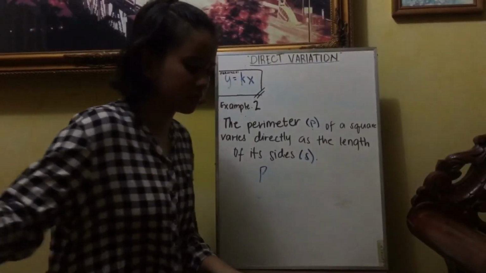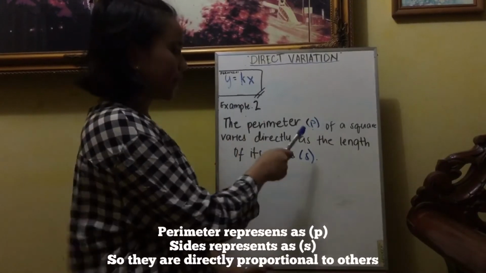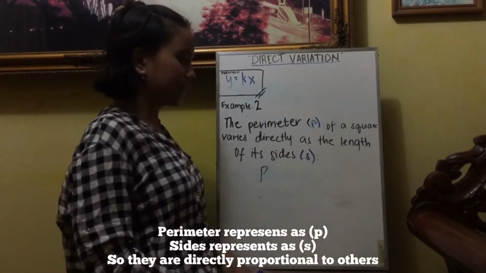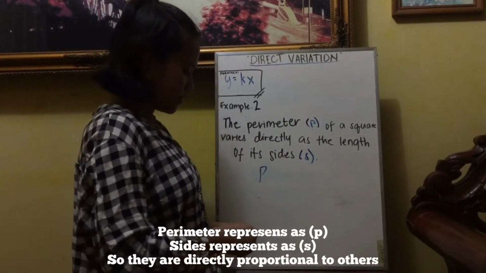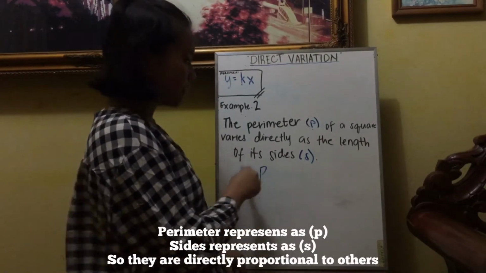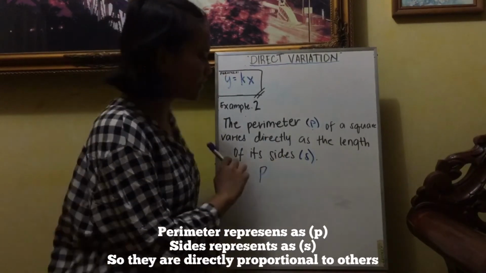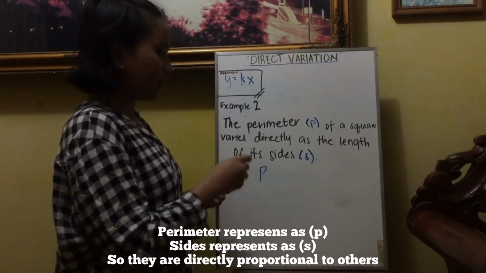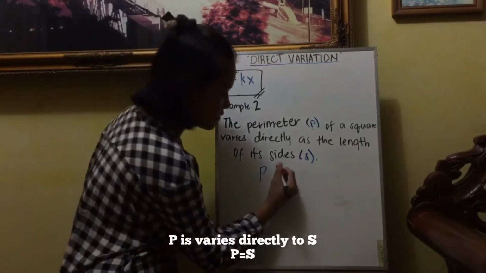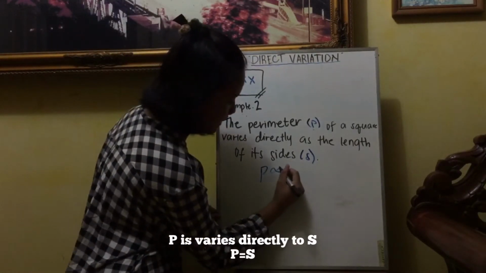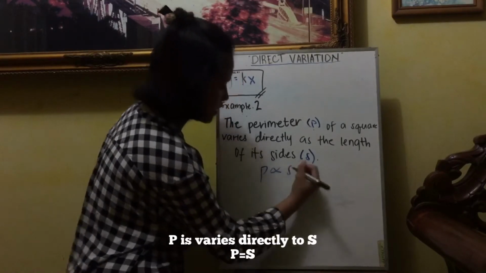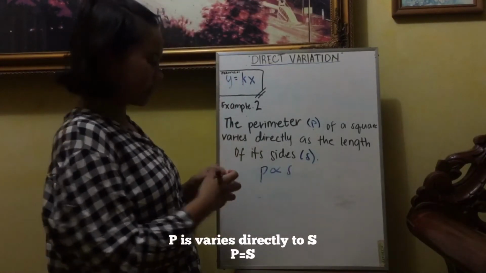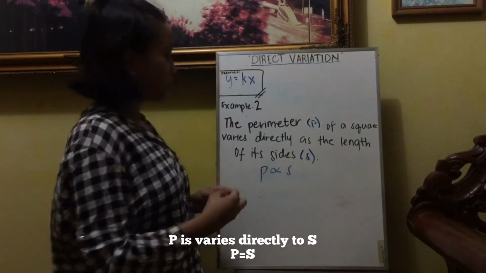Number 2. The perimeter P of a square varies directly as the length of its sides. So P, which is the perimeter, varies directly as the length of its sides. So they're directly proportional to each other.